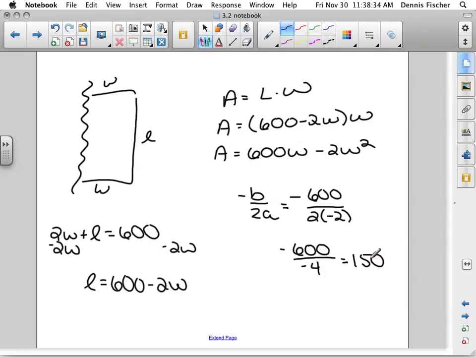So if I know that, that deals with my W. My W is 150. So W is 150. I plug it back in. L is 300. Correct?